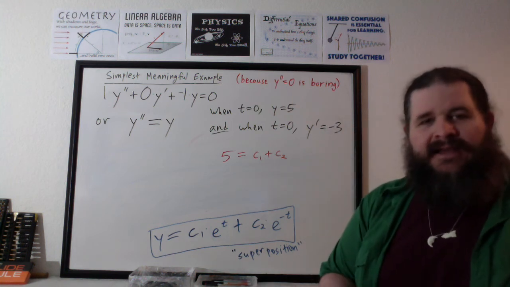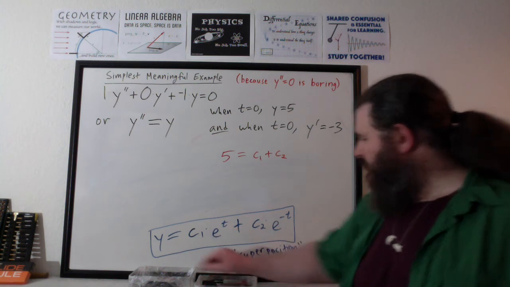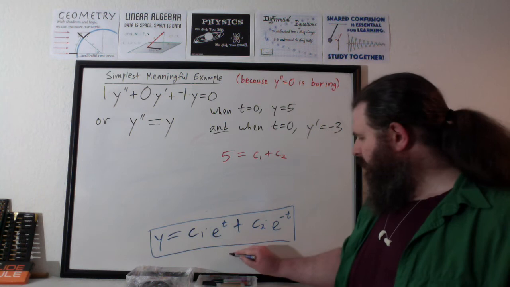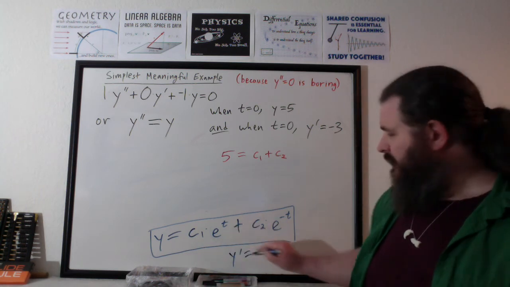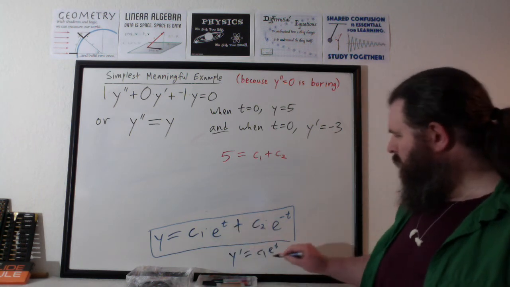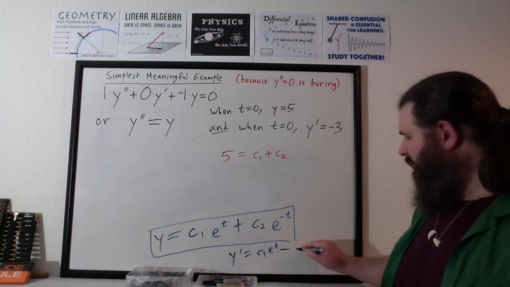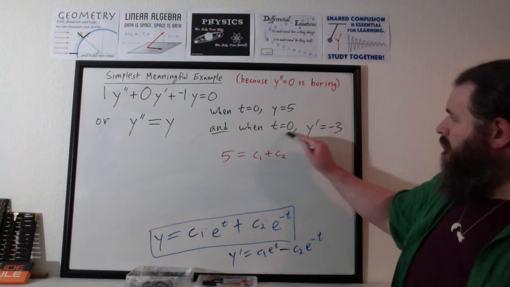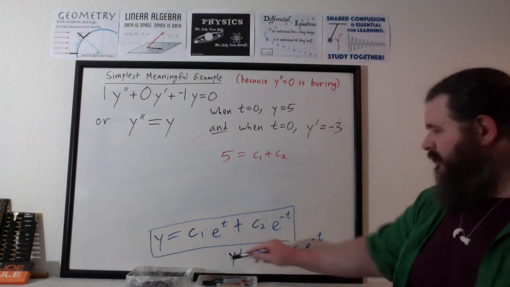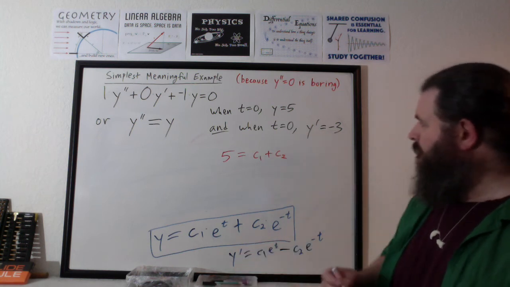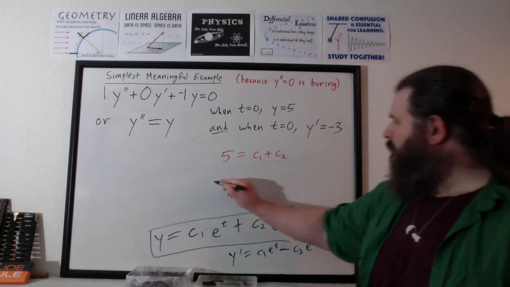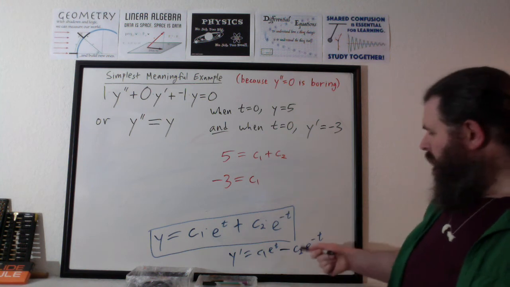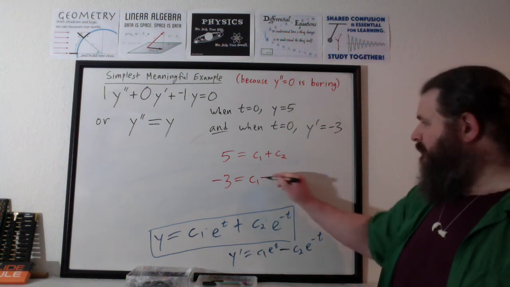What we can do with that is take the derivative of our general solution. In this case, that'll be e to the t is still just e to the t. E to the negative t becomes negative e to the negative t. So now we fill in our initial conditions for the derivative into the derivative of our solution. We get negative 3 equals c1 e to the 0, so that's just c1, minus c2 e to the 0, so that's minus c2.